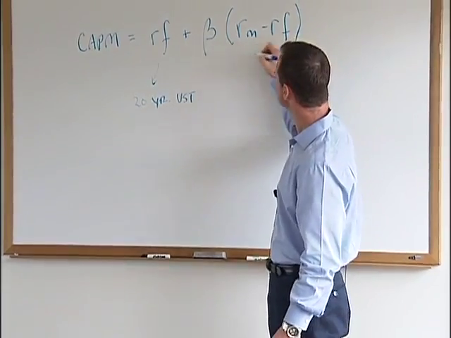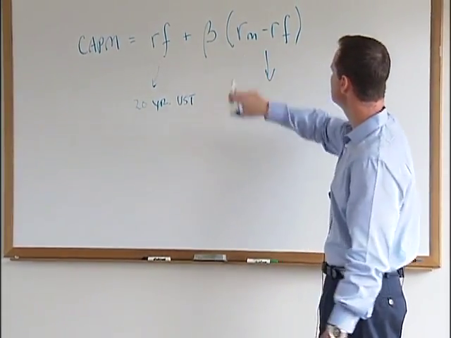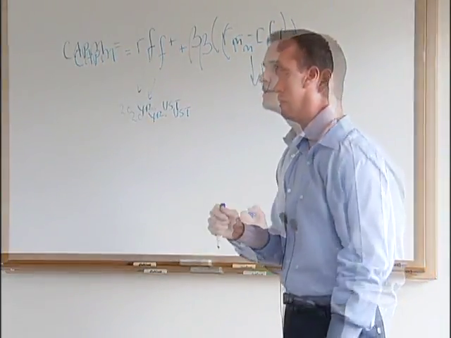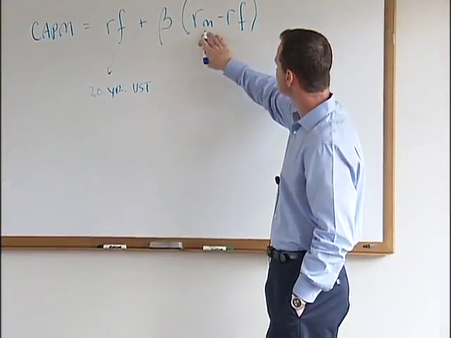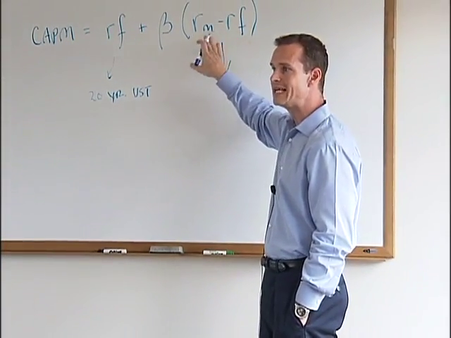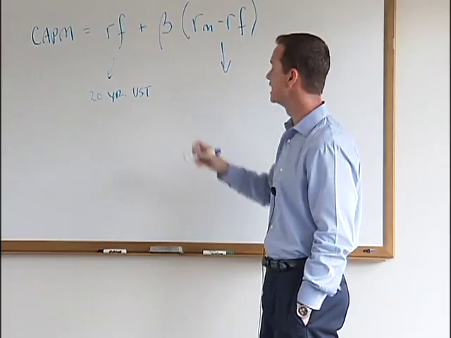All right, let's talk about market risk premium. What do we mean when we talk about market risk premium or equity risk premium? It's the premium that an investor would expect to get over and above the risk-free rate by taking the risks associated with investing in equities.